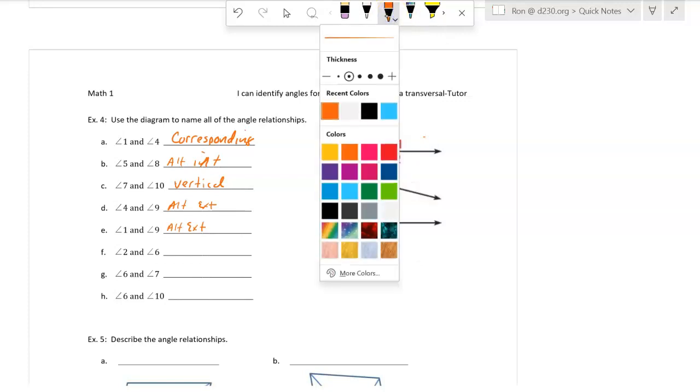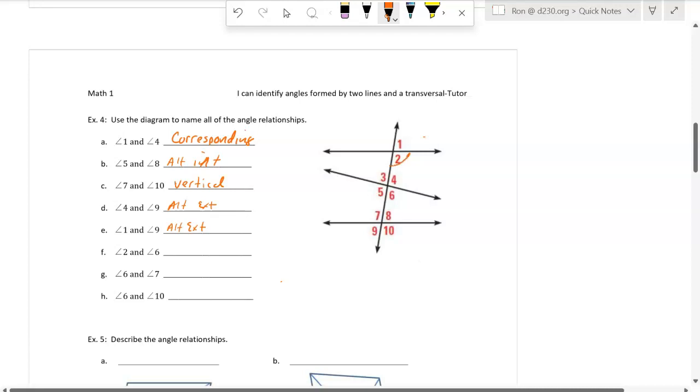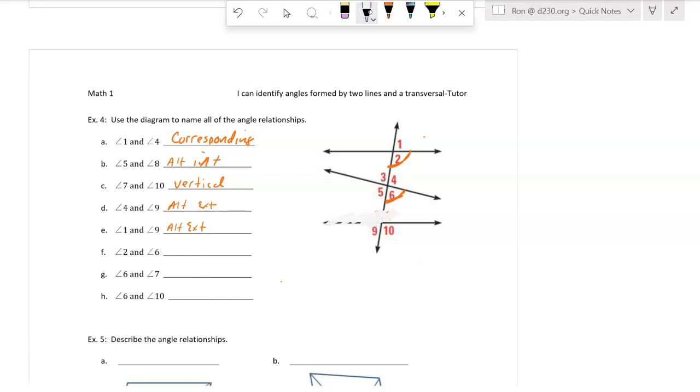2 and 6. Here's 2, here's 6. Again, we're going to ignore the bottom part here. If I look there, these are same side of the transversal. This is interior. This is exterior. They don't touch. So those are corresponding angles. Okay.